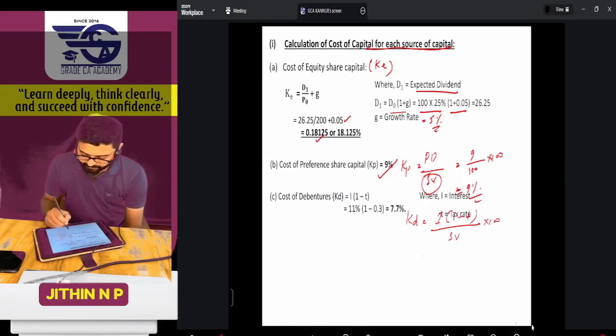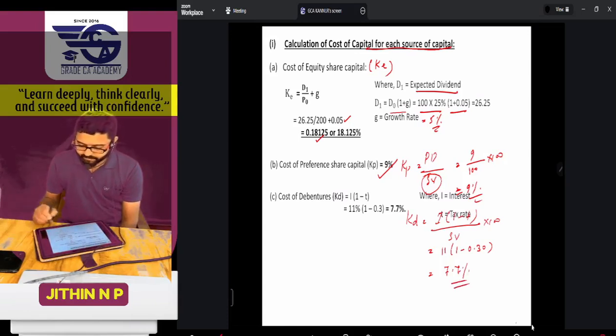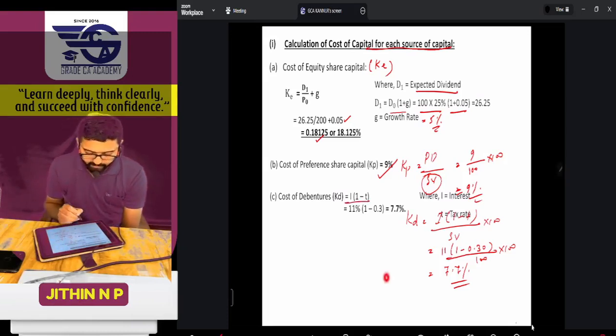In that case 11 into (1 minus 0.30) is equal to 7.7 percent. Clear? I already told you that if the company issues debentures at face value, in case of irredeemable debentures, the formula will be I into (1 minus T). Clear?